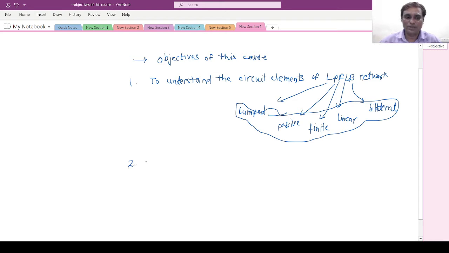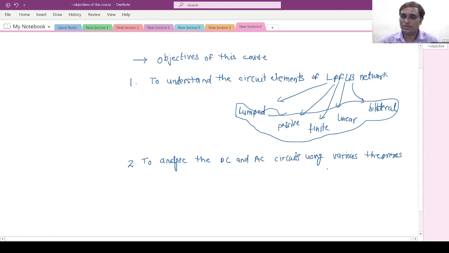Now next we will have the analysis. The next objective will be to analyze the DC and AC circuits, and that analysis we will do using various theorems and various methods.